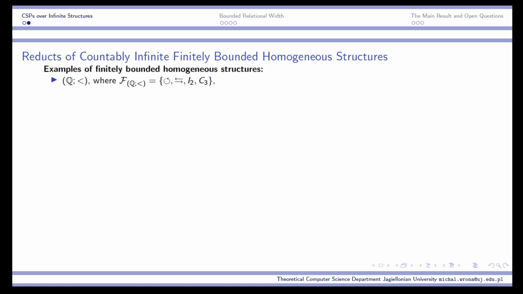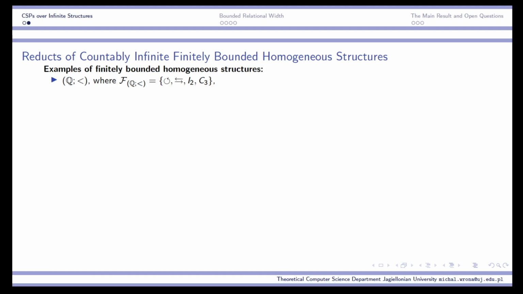So for instance, Q with the order is homogeneous. It means that every local isomorphism between finite substructures can be extended to an automorphism, and it's finitely bounded, which means that there are finitely many bounds.